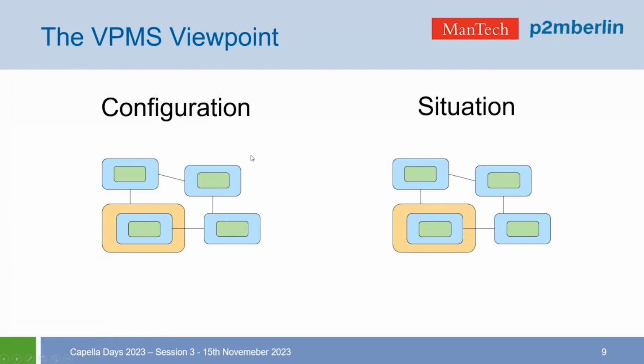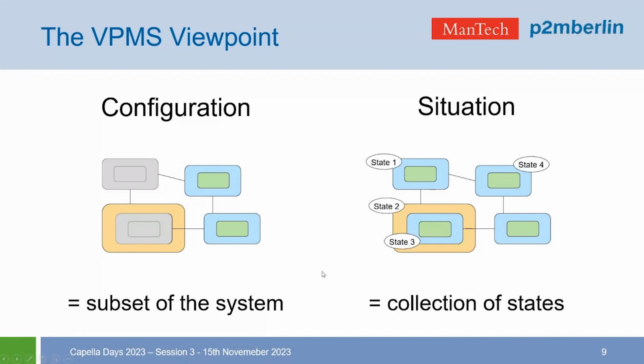Here you can see a schematic representation of a physical architecture layer. A configuration is a subset of the system elements, meaning that we have excluded a couple of them from the system, and only the rest are available to us, while a situation is a collection of component states, meaning for each component we can have the indication of which state the component is in in the situation we are taking into account.